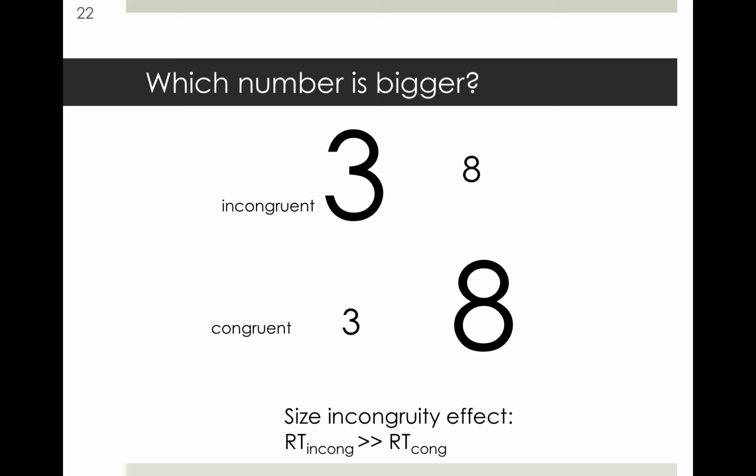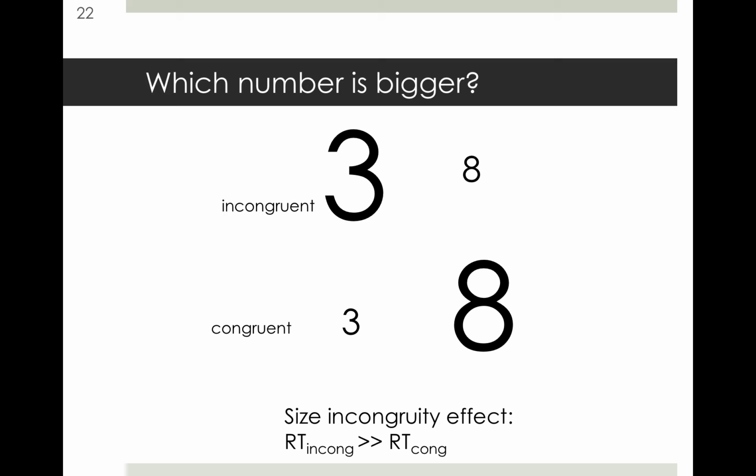I can also make a congruent situation in which the smaller number is small and the bigger number is tall. Now there's no question which number is bigger, because the greater one is also taller. If I were asking you which number is bigger, most people, normal people, show a size incongruity effect.